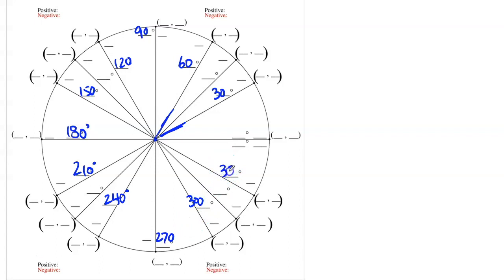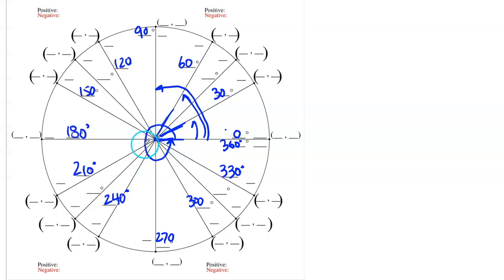Plus 30, 330. And finally, this is the 0 that we started with, or 360 degrees, a full circle. Those are positive angles, going this way. Now we just did the 30s.